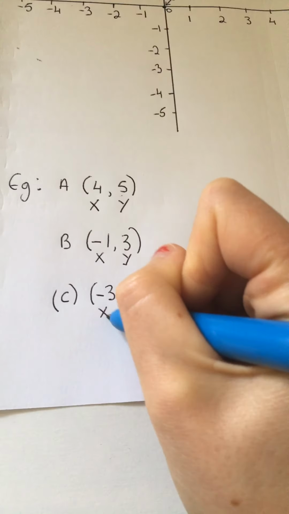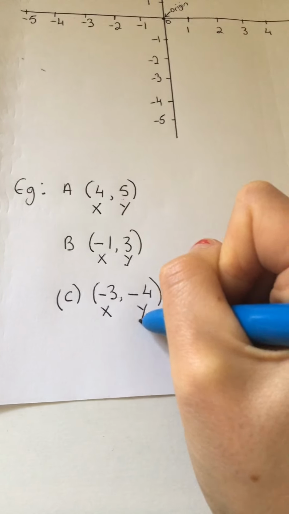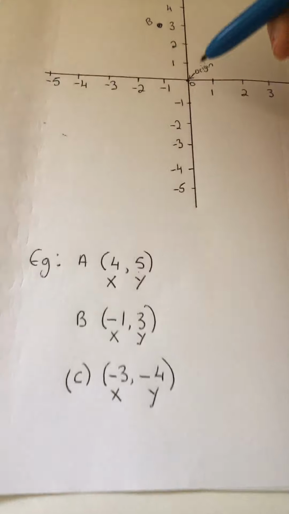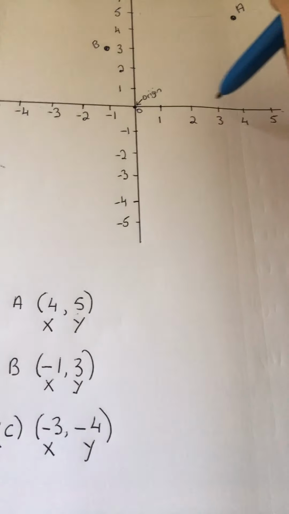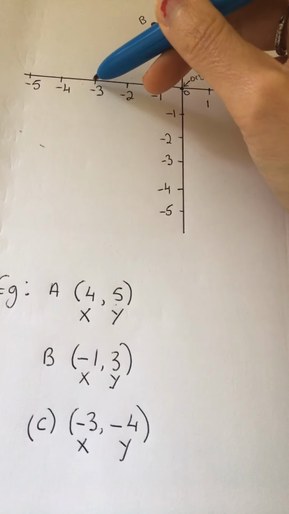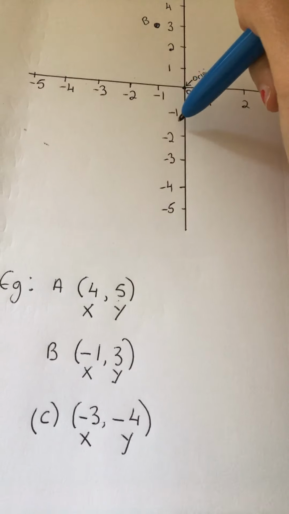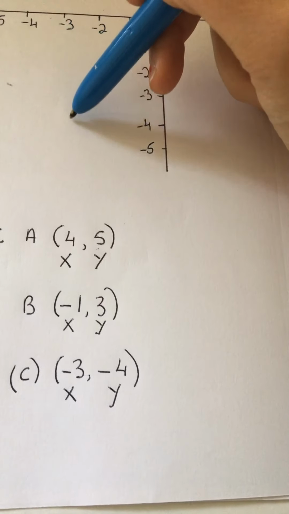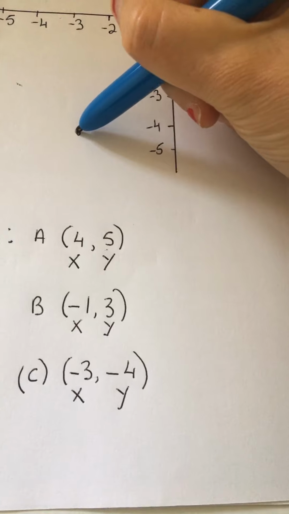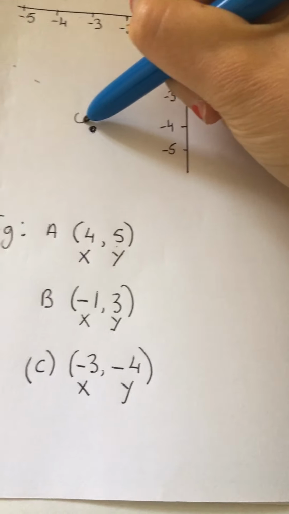So -3 on the x-axis, -4 on the y. So here's our x-axis, go all the way down to -3, and then our y-axis we go to -4. So point C is here.